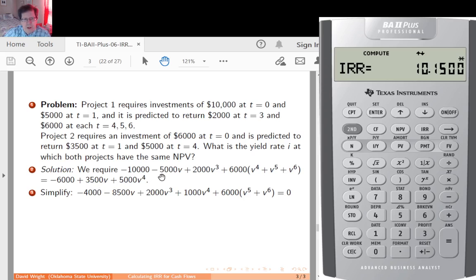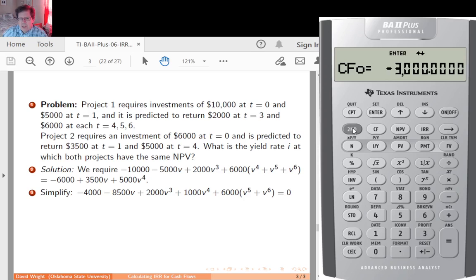Subtract 3,500 from minus 5,000, you get negative 8,500. Subtract 5,000 from the 6,000, and you get 1,000 times V to the 4th. So this is our new present value equation, and that should be equal to 0 for the internal rate of return. So we're going to enter that in cash flow.